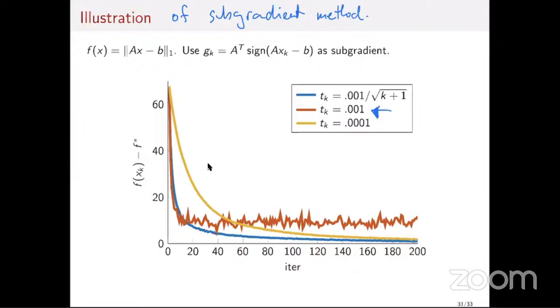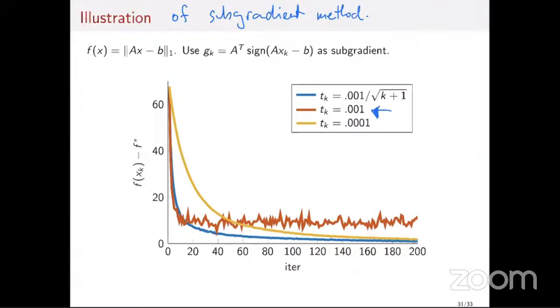Otherwise, I only discussed two possible choices here, the constant step size and 1 over square root of k, but there are longer discussions about how to choose the step size for a subgradient method. Maybe I will put a reference when I put the slides online. There are well-known lecture notes by the group at Stanford that discuss how to choose the step size of the subgradient method.